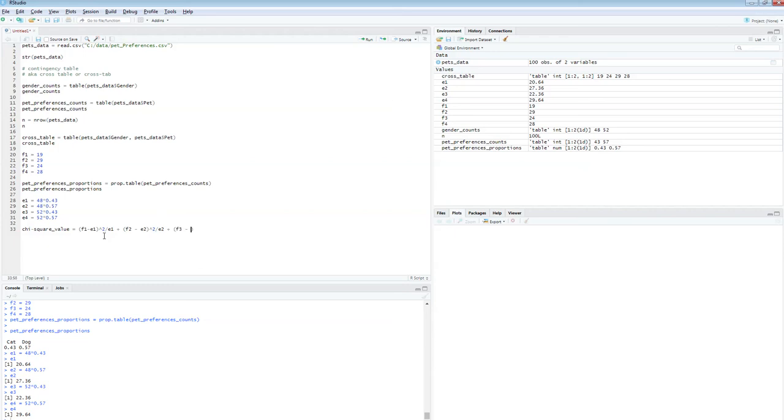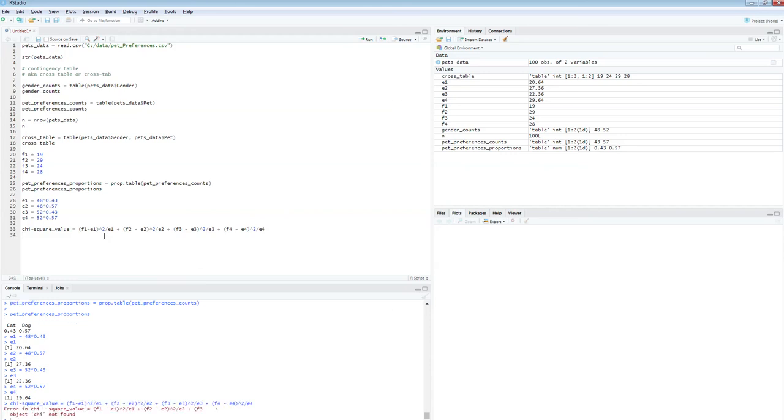Frequency number 3 minus expected number 3, all squared, divided by expected number 3, plus frequency 4 minus expected 4, squared, divided by expected 4. And that's it. That's what Christmas is all about. Okay, so everything appears to be in order, so I'm going to run that.